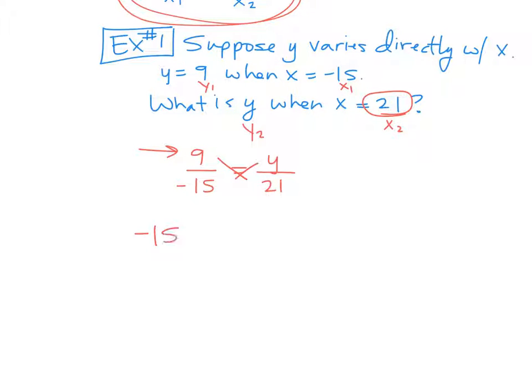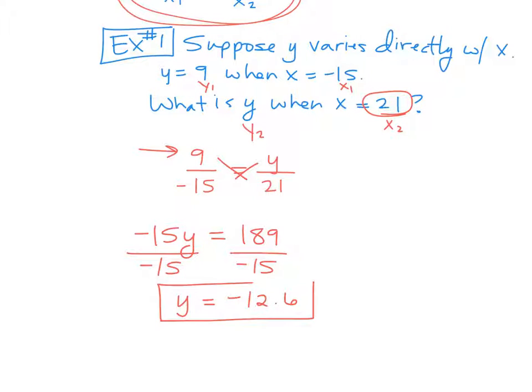So you have a negative 15 times y equals 21 times 9, which is 189. And then you're just going to divide by negative 15. So y comes out to a negative 12.6.